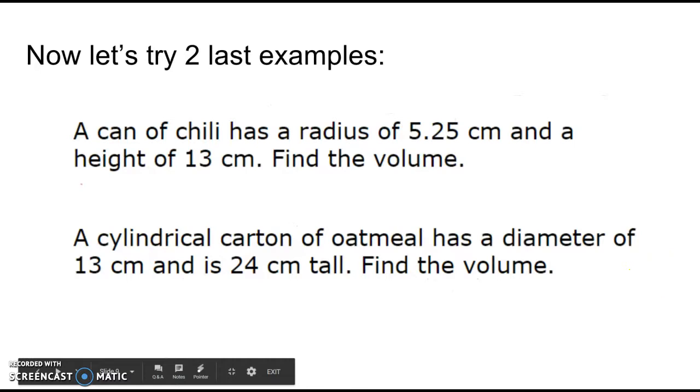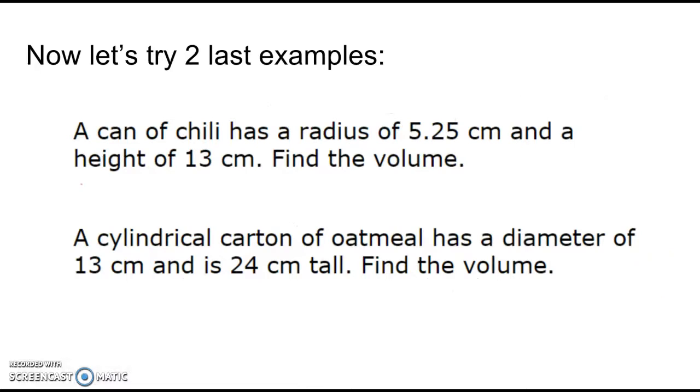Now let's try the last 2 examples. These don't have pictures, so you can draw your own picture, or you can just put in the amounts that they are giving you in the formula. I'm going to let you set these. Let's see. No, we're going to do these together. Okay?